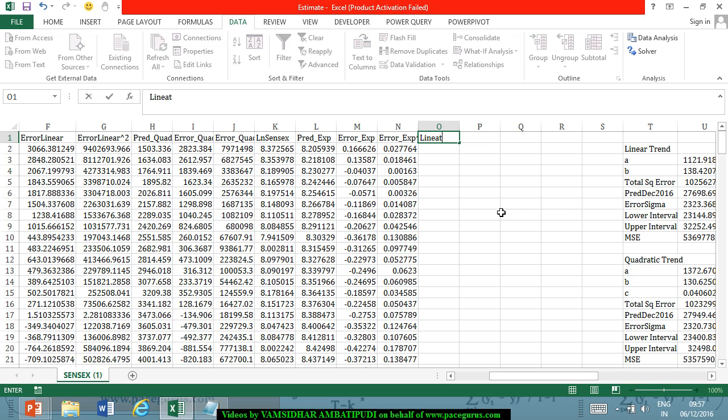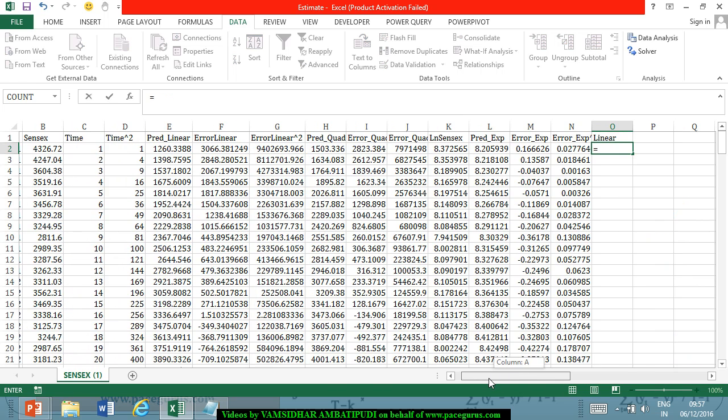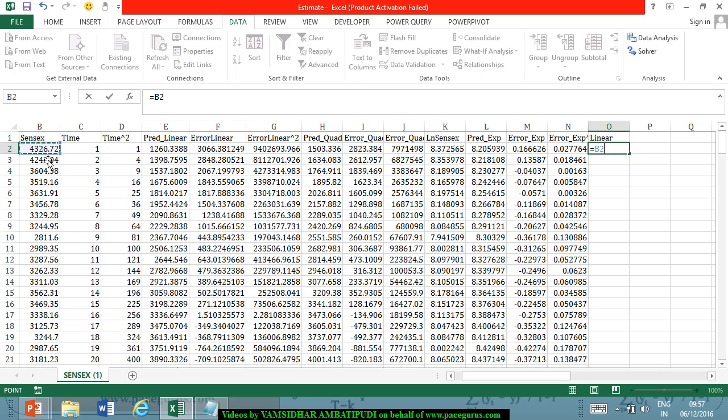For the linear, I am taking each observation minus the mean squared, which is coming out as the observation minus the mean. I can take the average of these values. The observation minus the mean, I am taking the squared of that.